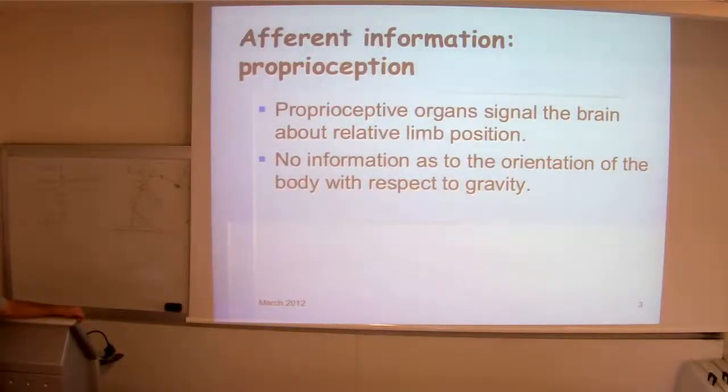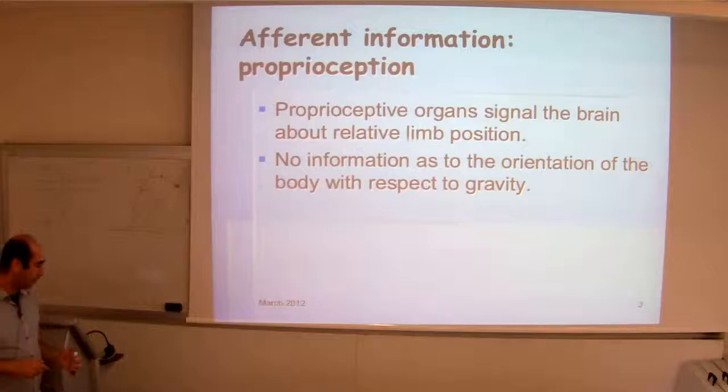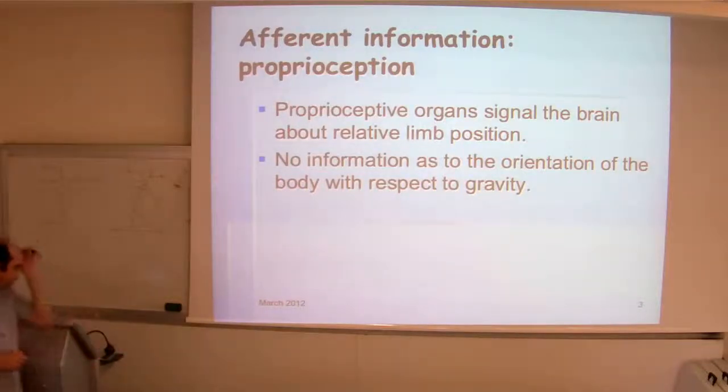And they convey the information of basically where your body is in space. What's the posture? What's the tension in each one of the muscles? And this sense is called proprioception. It's the sixth sense, if you like. It's a sense that no one talks about.